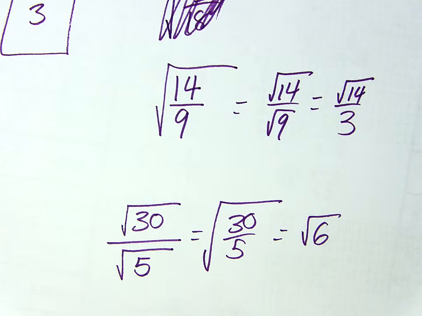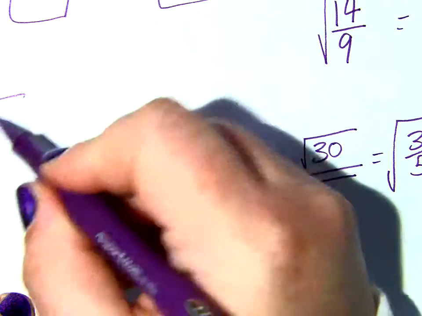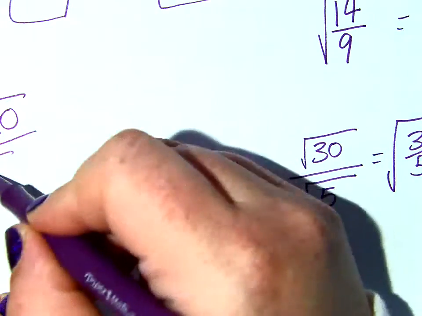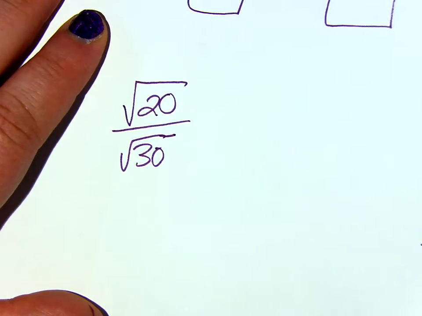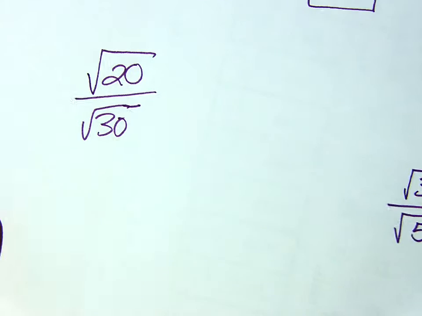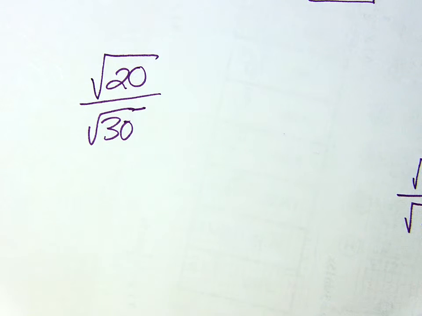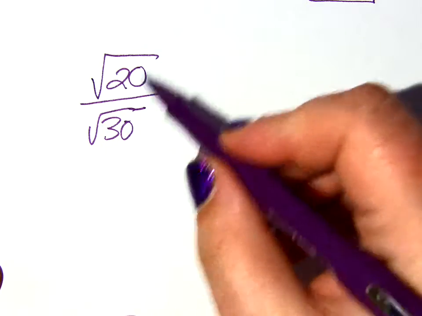Yeah? What if the fraction can simplify to like a thing? Great question. So let's say I had the square root of 20 over the square root of 30. First of all, knowing what we just learned, I can reduce these with each other.